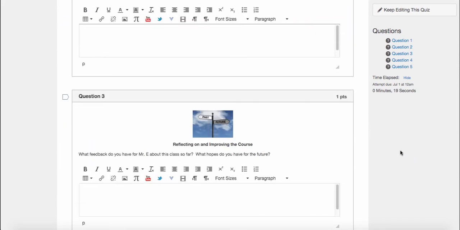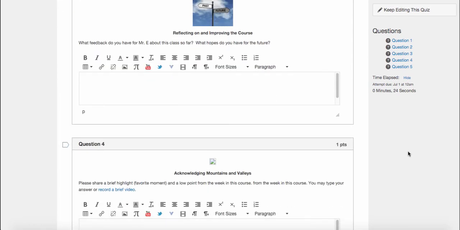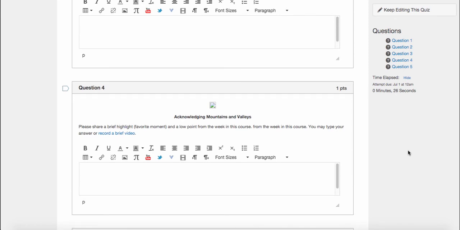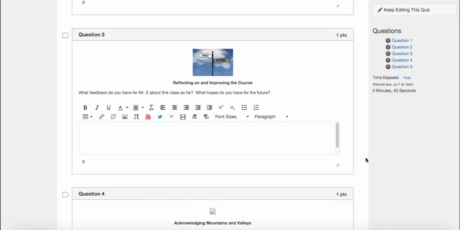And then they're asked to give feedback to the teacher about how the course is going so far and what improvements they would like to see. And finally, they're asked to acknowledge mountains and valleys, to share a highlight and a challenge from the week that's happened. As students respond to this quiz, their responses are aggregated in the analytics feature of the learning management system. The teacher is able to look back on these responses and make adjustments moving forward.